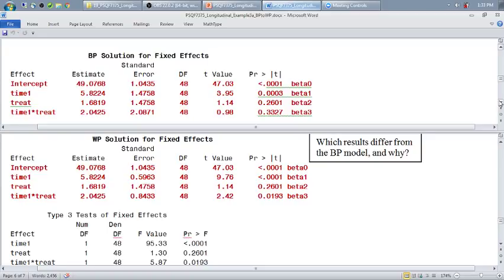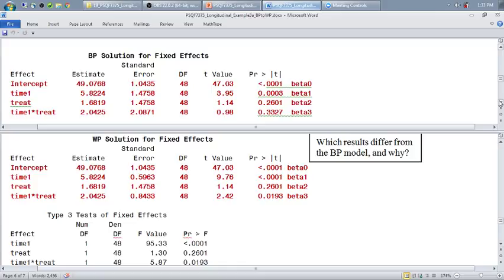Because the model for the means is the same. What fixed effects are in the model are exactly the same. It's beta 0, 1, 2, 3. So the estimates are the same. Degrees of freedom are also the same in this case because our repeated measures condition is only 2.